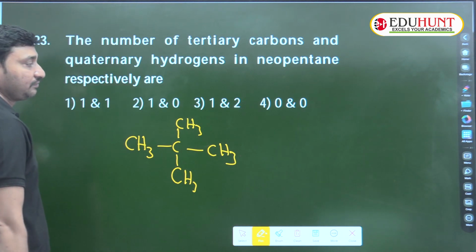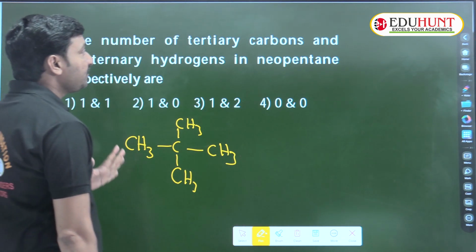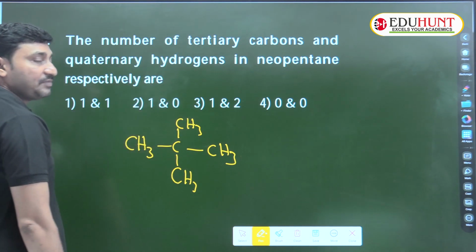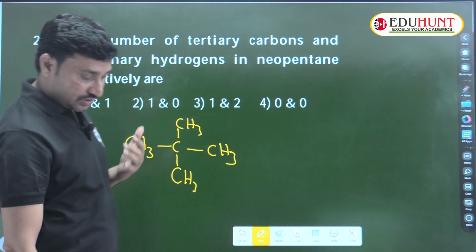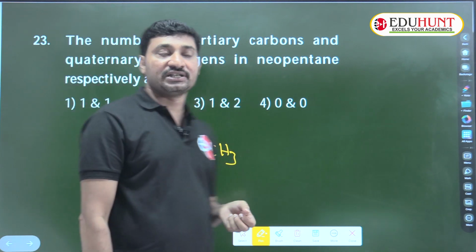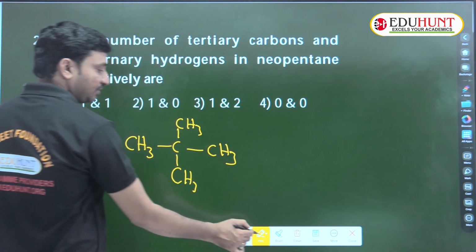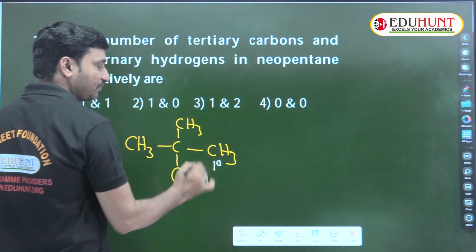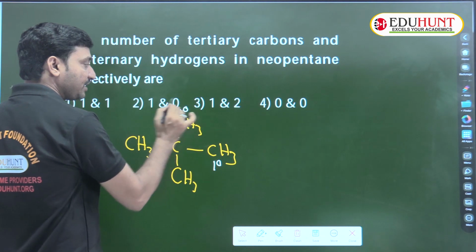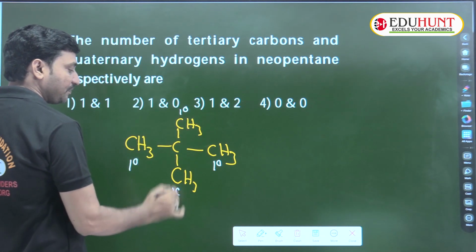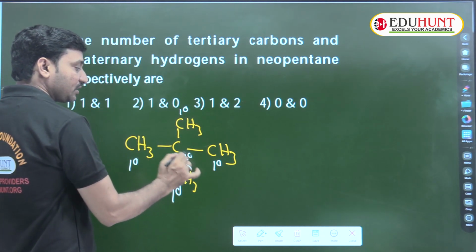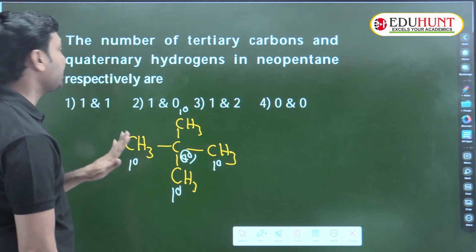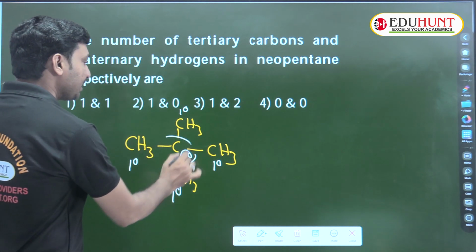In neopentane, how many tertiary carbon atoms? Tertiary means a carbon bonded to three other carbon atoms. But this carbon is primary, right? Why? Because bonded to only one carbon. This is also primary. This carbon is quaternary. There are no tertiary carbon atoms. Tertiary carbon atoms 0. Quaternary carbon atom 1.